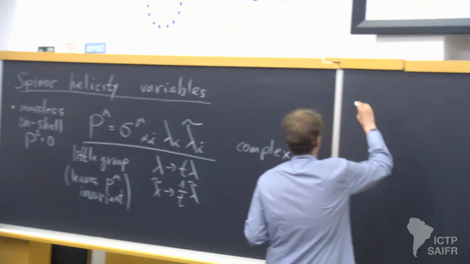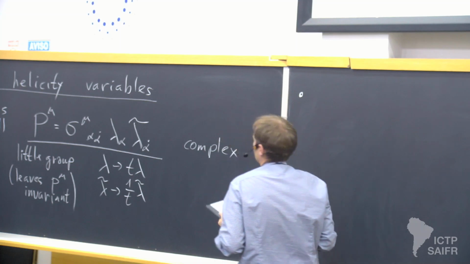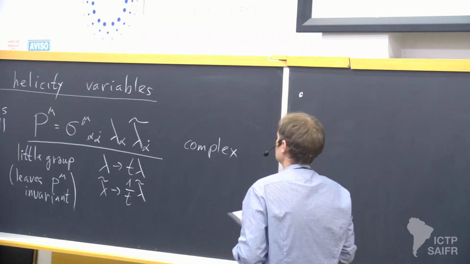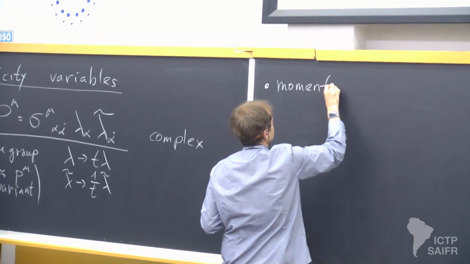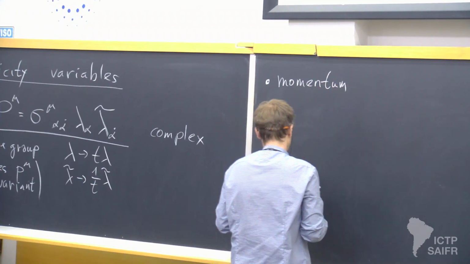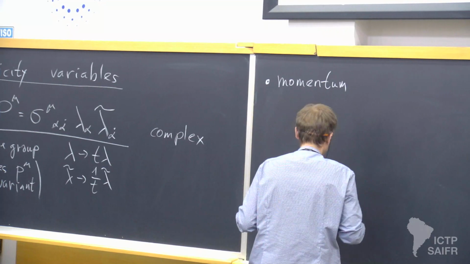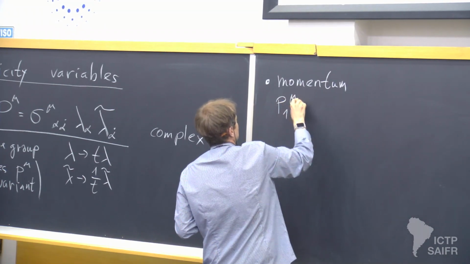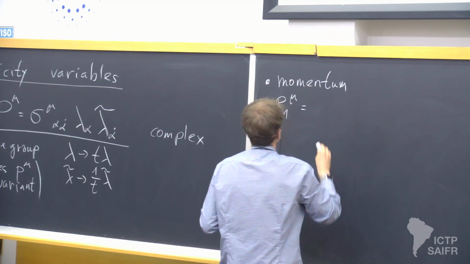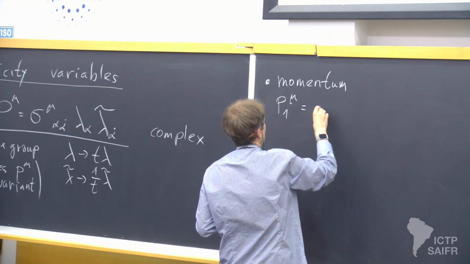Okay, so now let's calculate some momentum invariants, how they look like, well, scalar, for two different momenta. So let's consider P1.